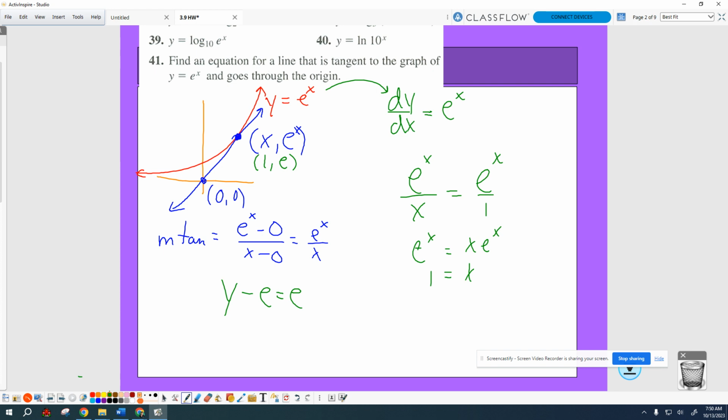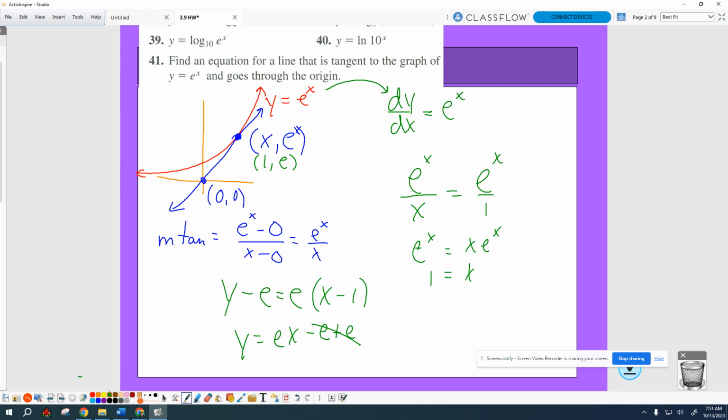What is the slope at this point? What is the slope when we plug in 1 for x? Is it just e times x minus the x value? Y equals e times x, not e to the x.